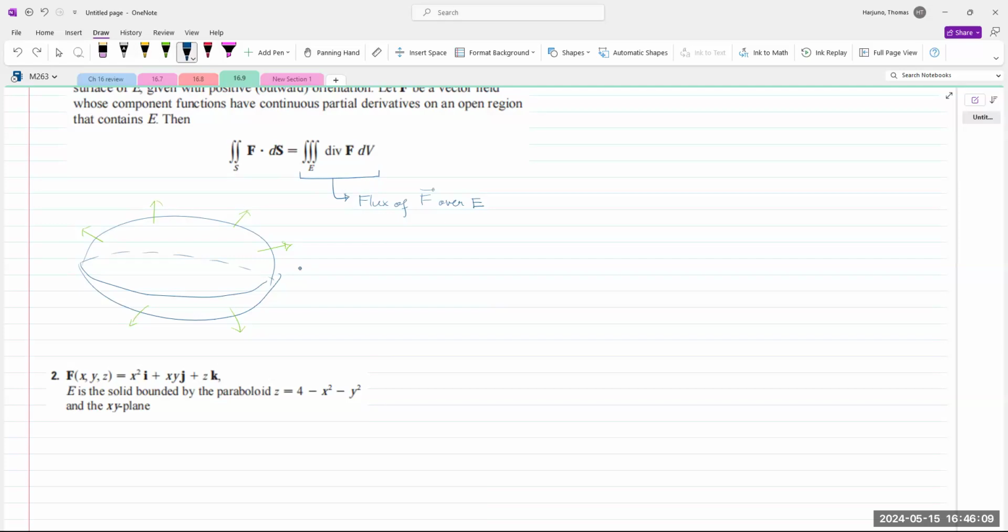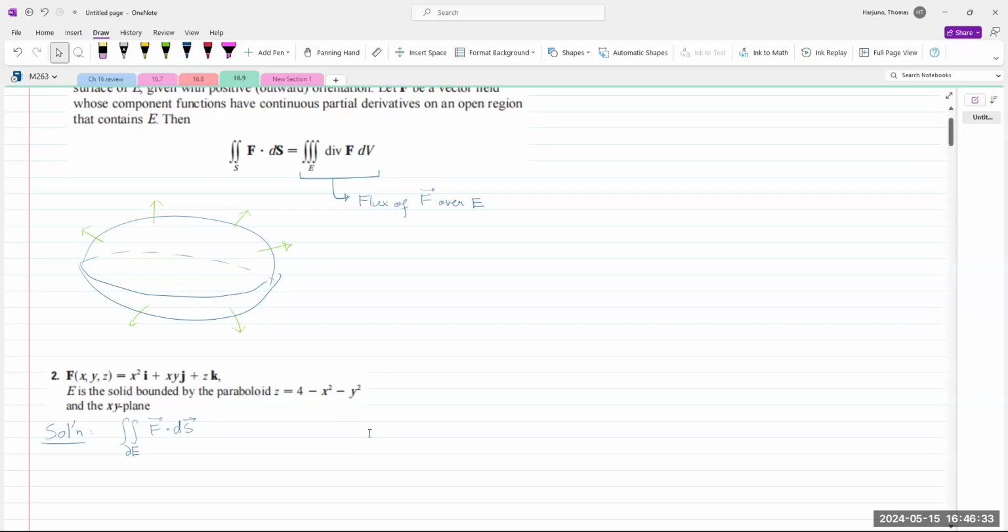Okay, let's start with the double integral. Solution: the double integral of vector field F dot dS over the surface, the boundary of E. That's what we want to compute.